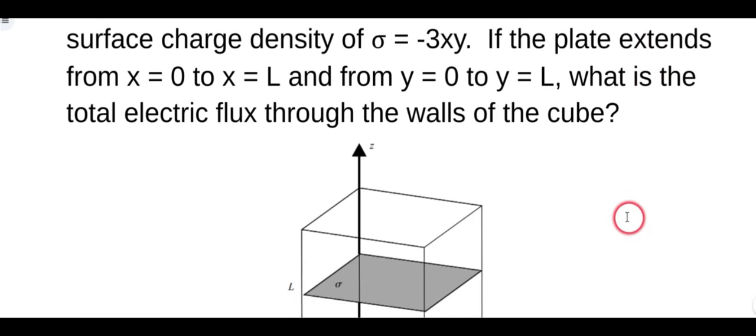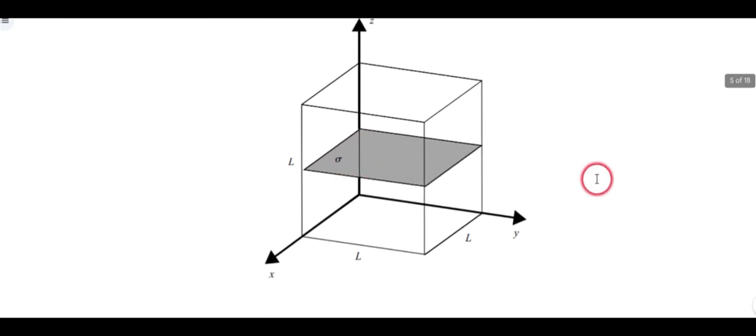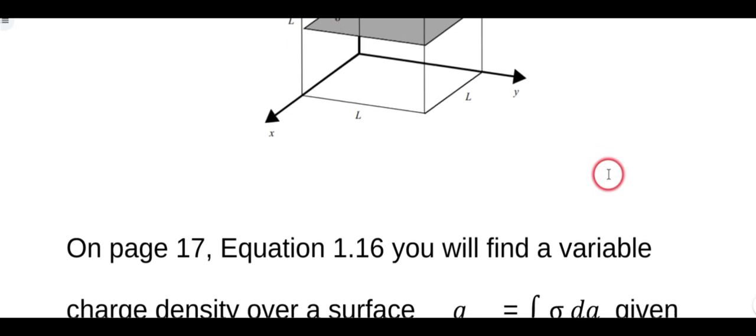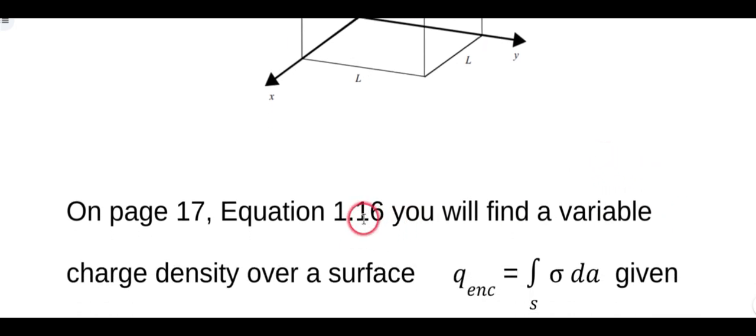Okay, so he made a nice little drawing here. This is your plane, your surface, and he gave you the function of this density. In equation 1.16 in chapter 1, you'll find this equation.